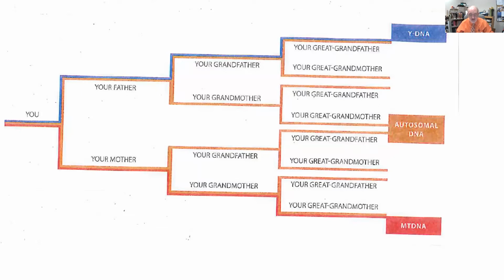Each person received mitochondrial DNA from his or her mother, but only the daughters pass it down. Autosomal DNA, the orange part in the center of the diagram, the 22 pairs in slide 27, descends from all your ancestors, represented by the orange lines.